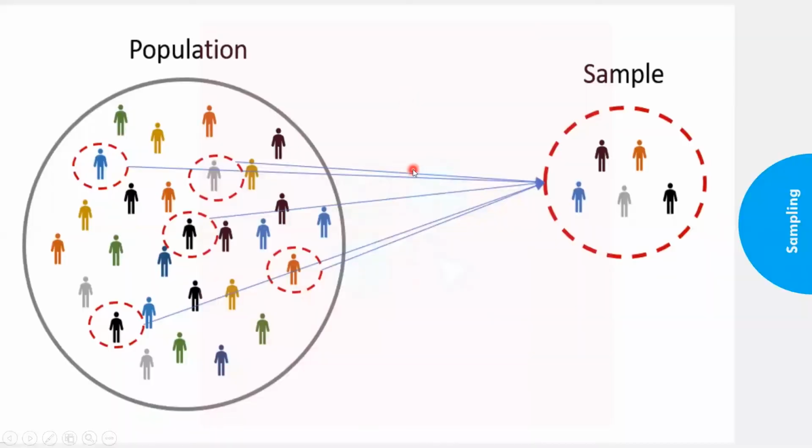Sampling is the procedure in which a small part is taken from the bigger group. The bigger group is called the population, and these few elements are selected in the sample, which is on the right side, and the procedure which we are using to draw this sample from the population, that procedure is called the sampling.